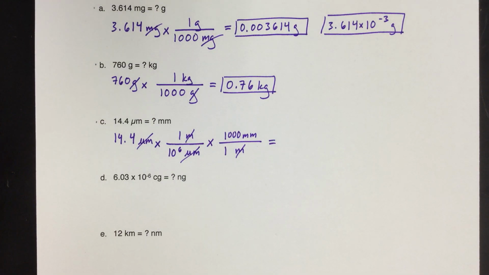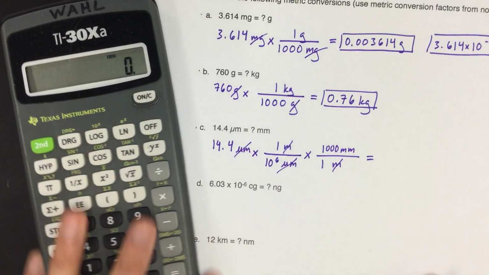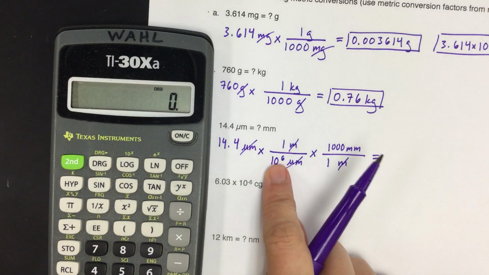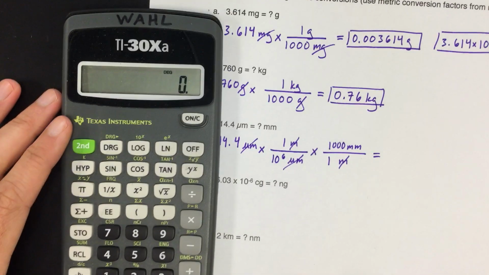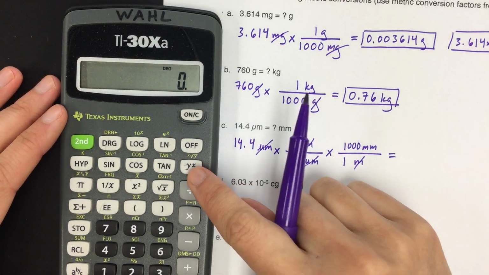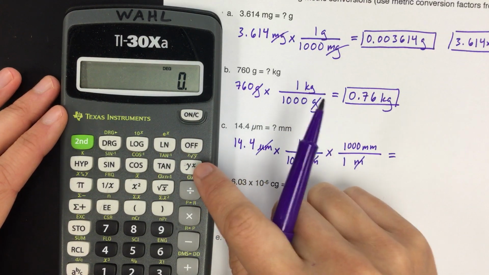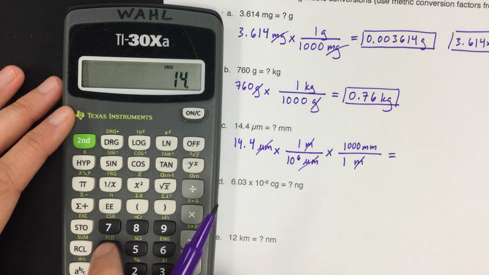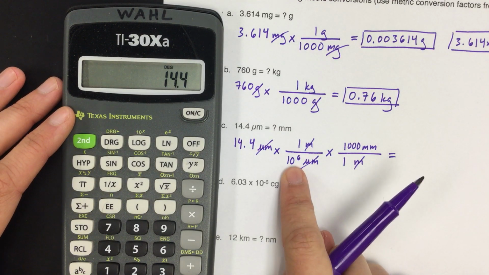Now we just need to calculate this. There are a couple of different ways you could type this into the calculator. If you want to use the exponent button, you type 14.4. This is in the bottom, so you want to divide.